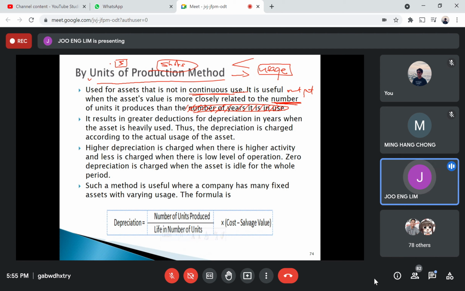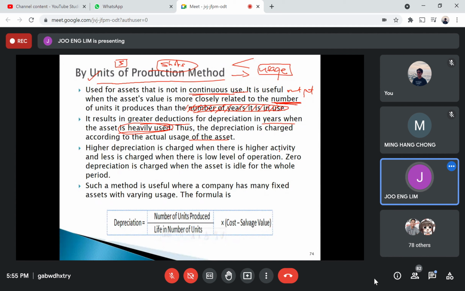In that sense, it is referring to this technique, because usage does matter to the asset values. So it results in a greater deduction in years when your asset is heavily used. When the asset is not used, you cannot depreciate it.